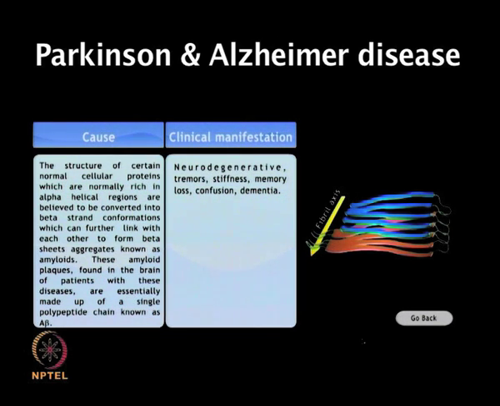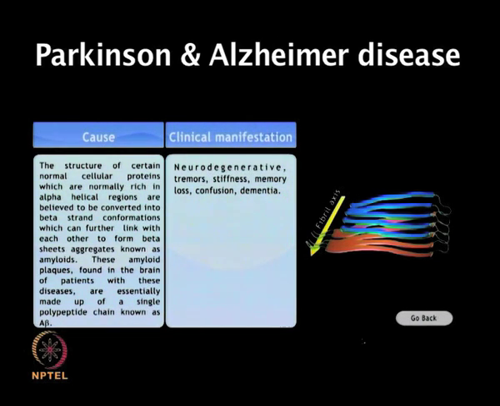Parkinson's and Alzheimer's disease. The structure of certain normal cellular proteins, which are normally rich in alpha helical regions, is believed to be converted into beta strand conformations, which can further link with each other to form beta sheet aggregates known as amyloids.